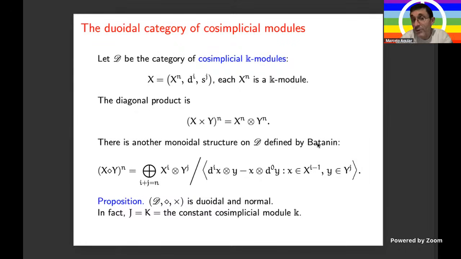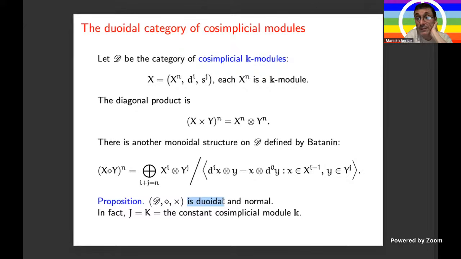That wasn't too helpful for me, because what I really needed is to know that this operation was compatible with the other one, that they result in a duoidal category. That perspective, I didn't see how to use it for that purpose. I think the definition is fairly natural as is, so one can work with it, and that's what we do to check that this is duoidal.